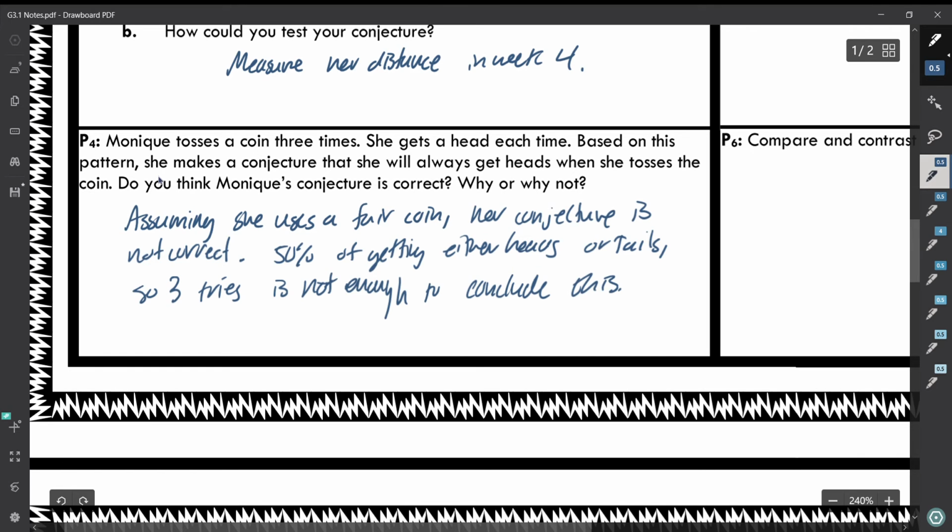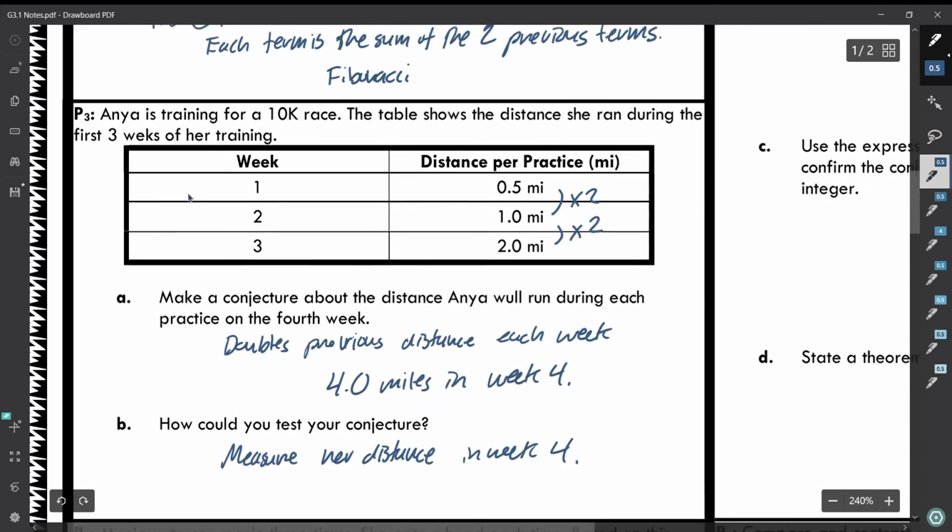Obviously, based on the 3 trials she's had, sure, you could conclude that, but just thinking in real life, I might be using some sort of deductive reasoning here. However, her conjecture isn't correct. But based on the evidence, it is valid for her to make this conclusion. However, in the grand scheme of things, knowing what we know, 3 tries, her coin's not always going to get heads. Okay? Alright, so that's inductive reasoning basically.